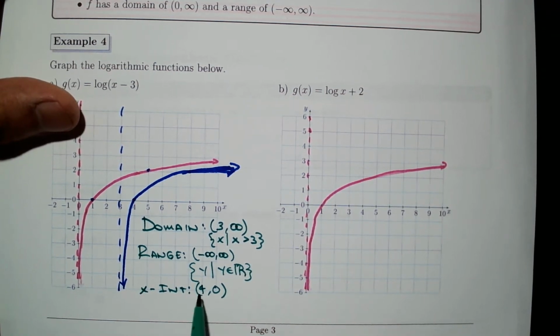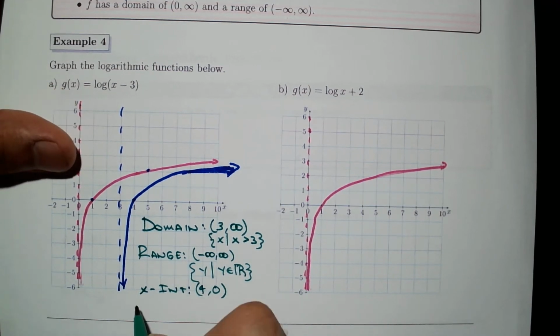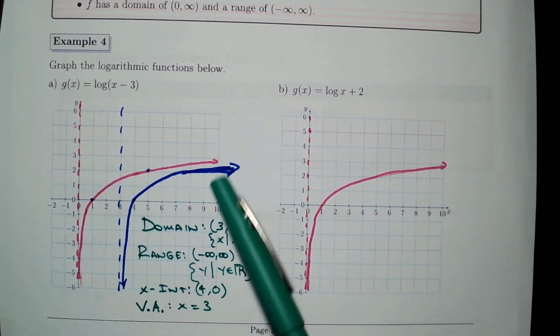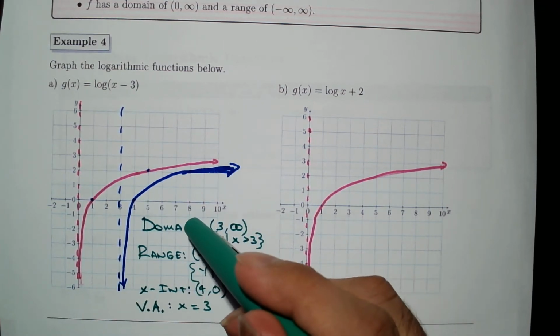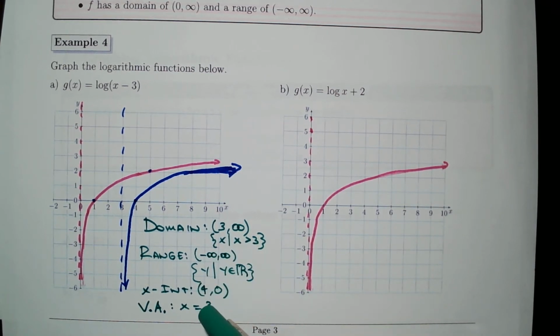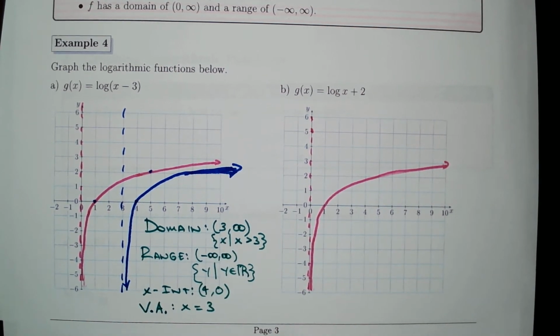They just write the number. And the equation of the vertical asymptote, I'm going to use VA for short, will be x equals 3. So when you do the homework, when it comes to graphing some of these, you will most likely be asked for all of this: domain, range, the x-intercept, and the equation of the vertical asymptote.